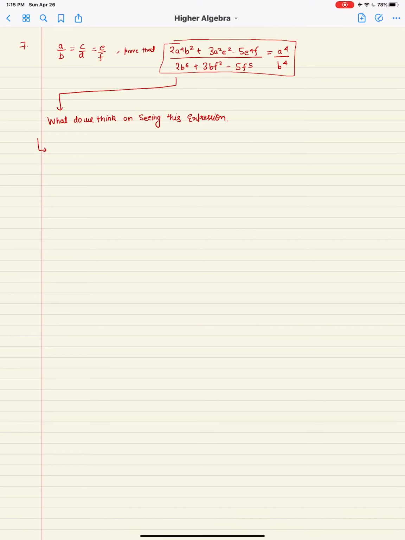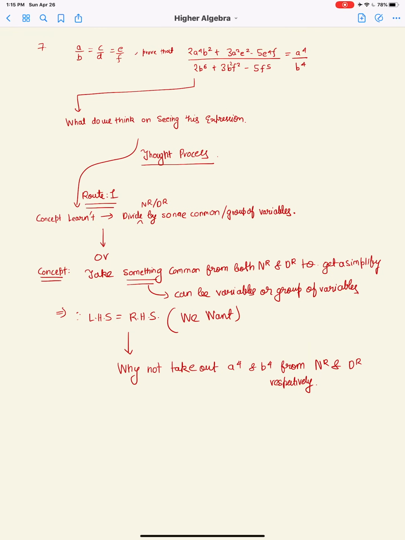First of all, let us see what we think on seeing such questions. Let us explore the thought processes that may come in solving such or similar problems.